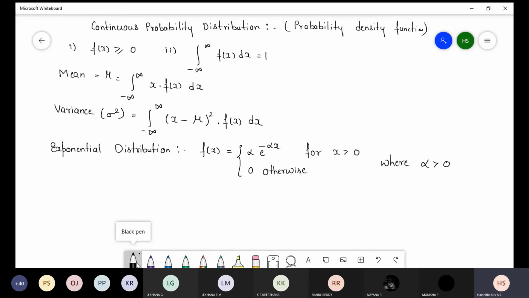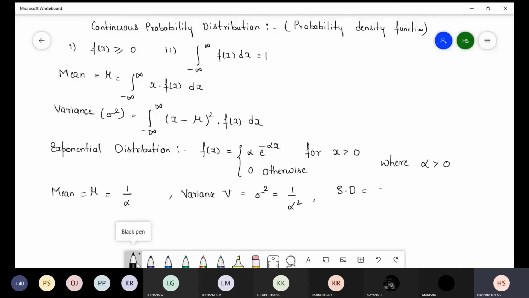Now we see some mean formula of exponential, that is 1 by alpha. Next, variance. Variance is V, that is sigma square. We can also call this one here 1 by alpha square. Next, standard deviation.